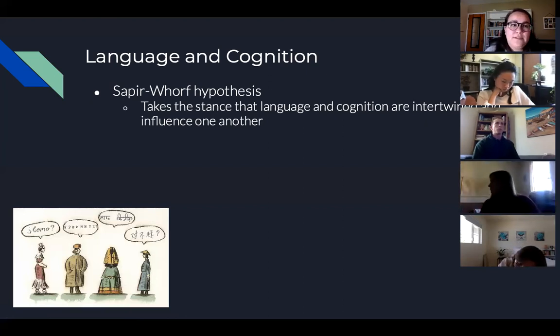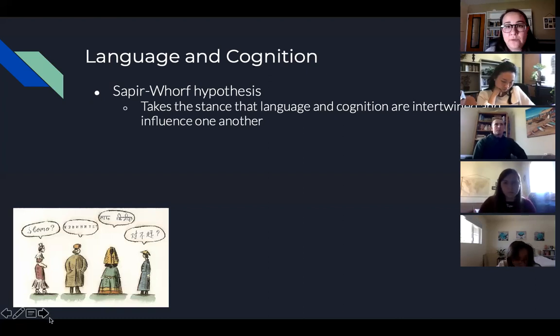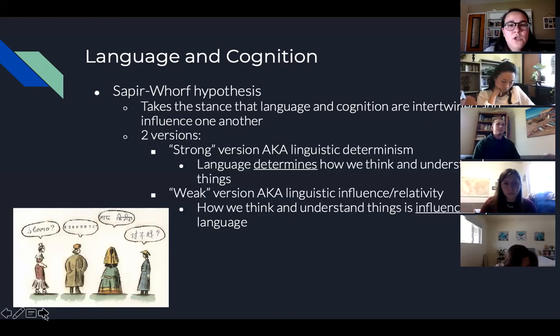But within this hypothesis, there are two different forms that it takes regarding what this relationship between language and cognition looks like and how that plays out. So there is what's called the strong version. It's also referred to as linguistic determinism. But most people just refer to it as the strong Sapir-Whorf hypothesis.